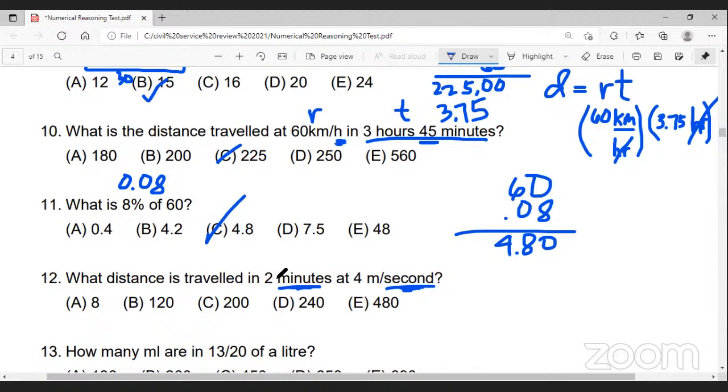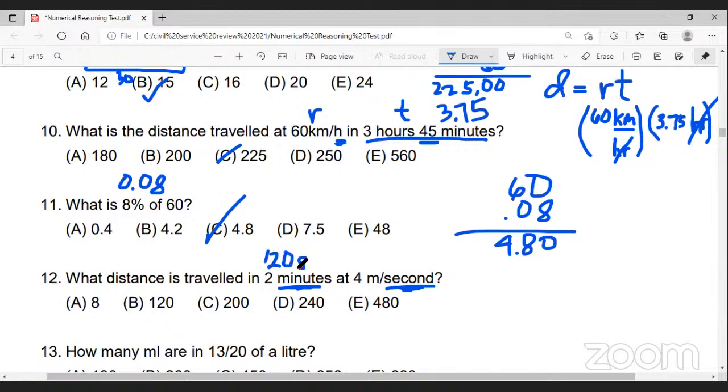What's the equivalent of 2 minutes in seconds first? 120, ma'am. 60 seconds in 1 minute, that is 120 seconds.